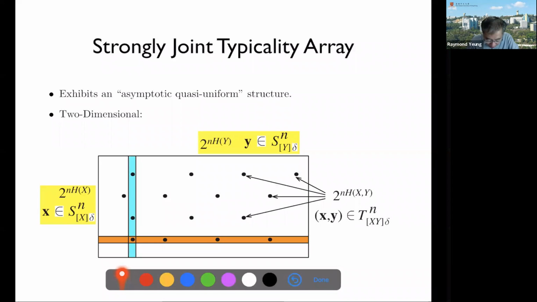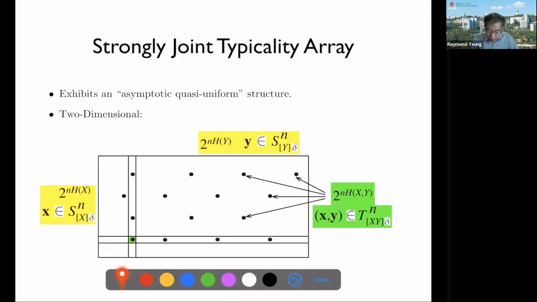The total number of dots is approximately 2 to the power n times the joint entropy, by the joint AEP. So you would expect that on average, the number of dots on each row would be approximately 2 to the power n times the entropy of y given x.